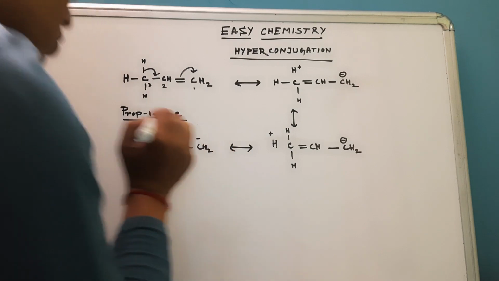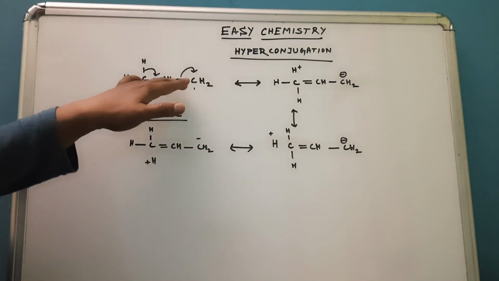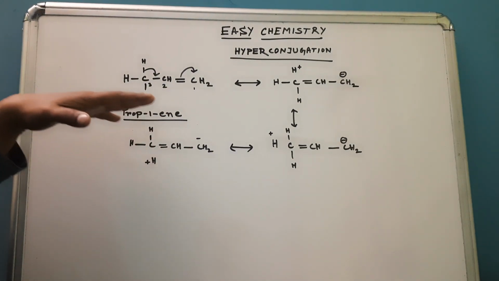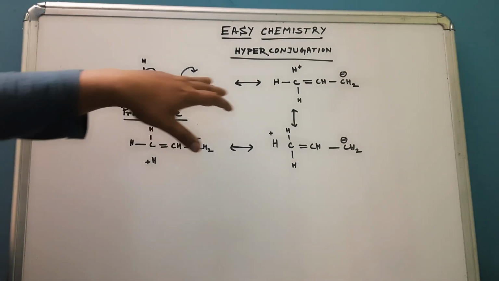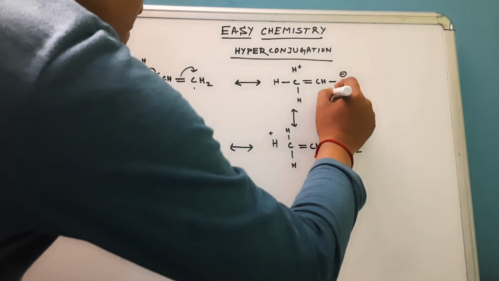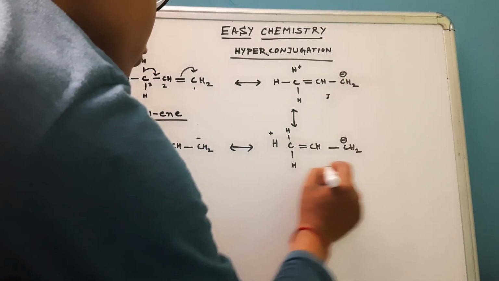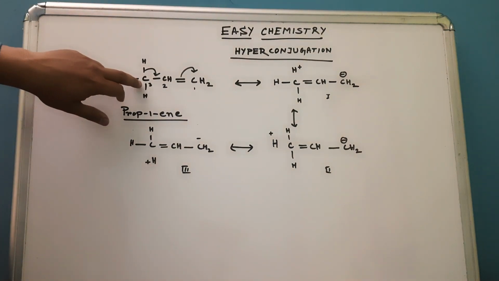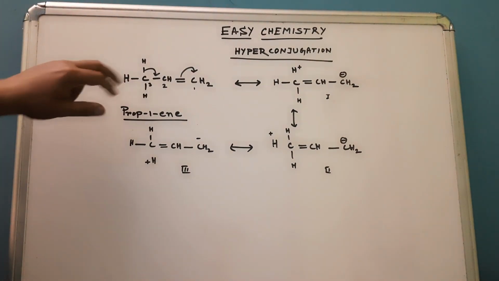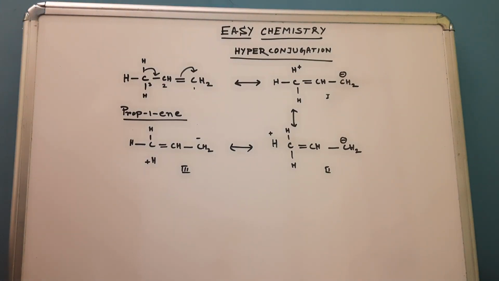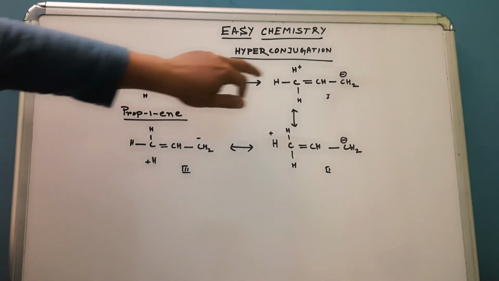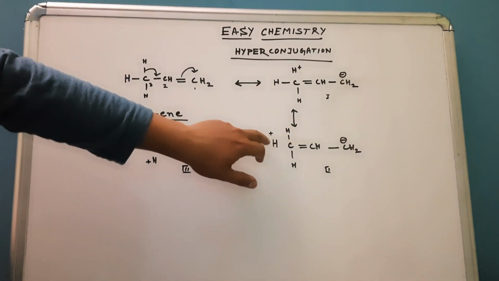Look, although there are no alternating pi bonds in this alkene, such an alkene shows 1, 2, and 3 resonating structures. In each resonating structure, the sigma bond between the carbon and hydrogen breaks, and each of the hydrogen atoms gets a positive charge in each case.